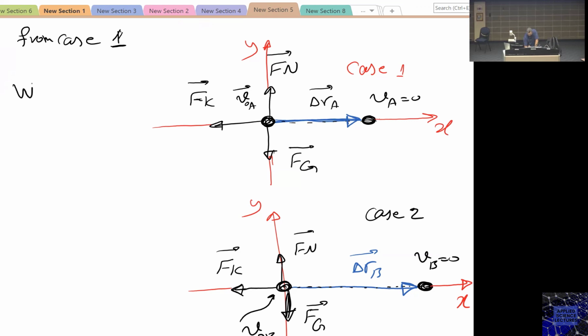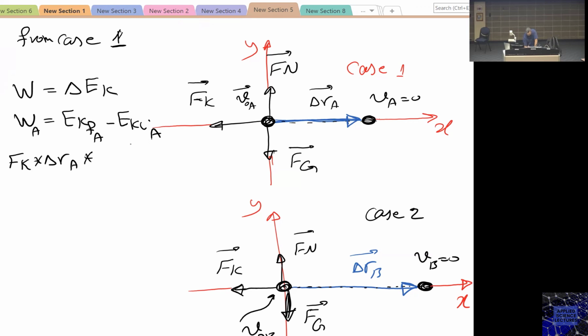I wanted to say the work is delta EK, which is the work for A, equals EK final for A minus EK initial for A. And the work here is Fk times delta RA times cosine 180 degrees equals to.